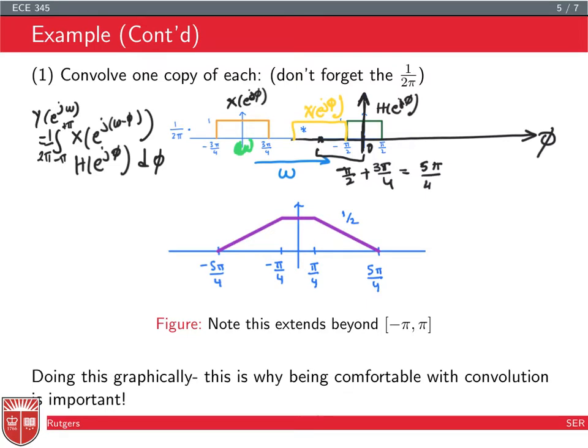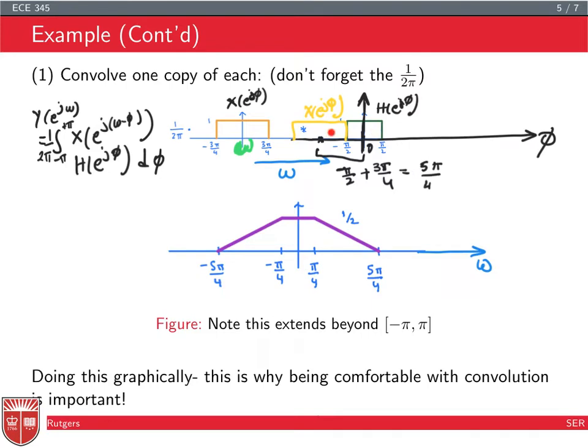This is why the first non-zero component appears when omega is equal to negative 5 pi over 4.